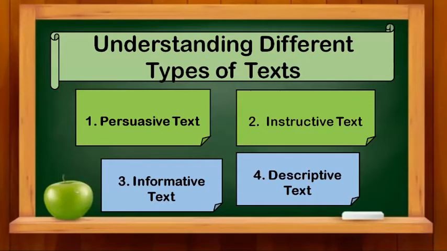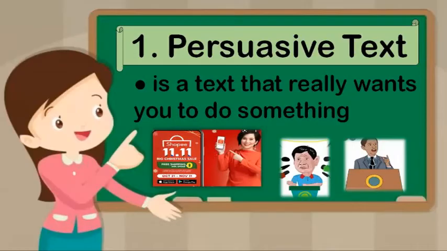So, understanding the different types of text. First we have the persuasive text, that is to persuade someone, then instructive text, informative text, and the descriptive text. First off, persuasive text is a text that really wants you to do something. In this first picture, we have the Shopee 11/11 big Christmas sale, free shipping, zero minimum spend, up to October 21 to November 11.